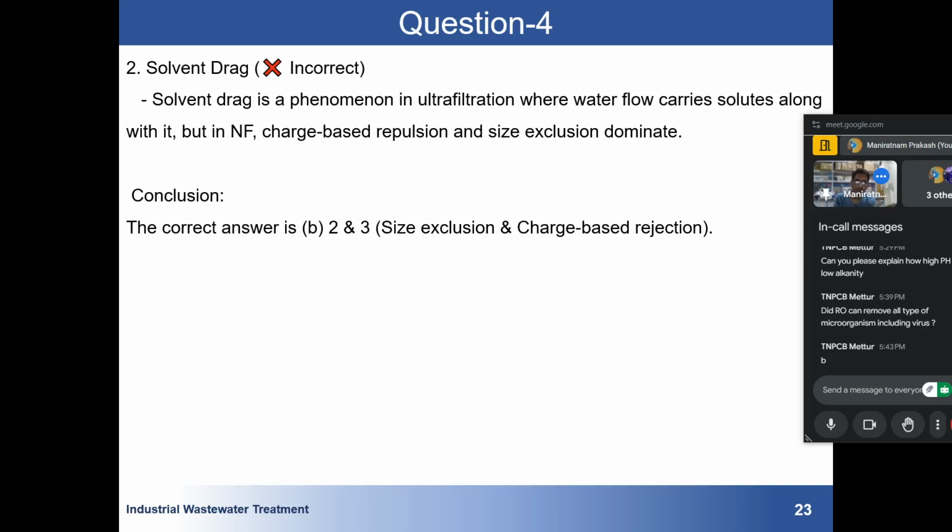The water flow carries the contaminants through, there will be a membrane, and the contaminants will get trapped on the filtration unit, and you will get the treated water. The correct answer is 2 and 3. Okay.